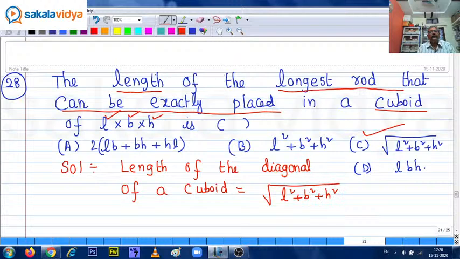This is equal to the length of the longest rod. So that's why option C is the right option.